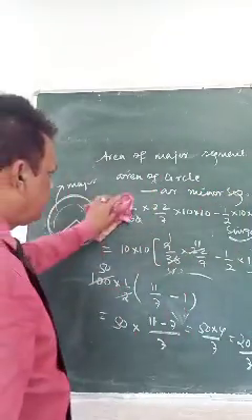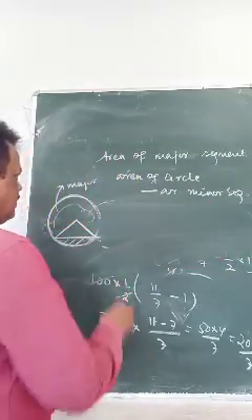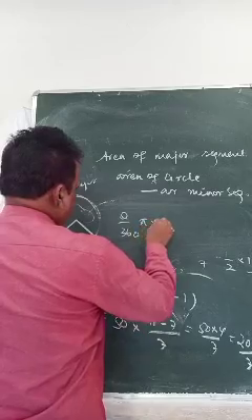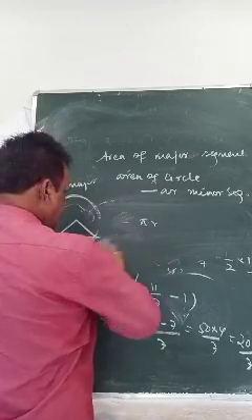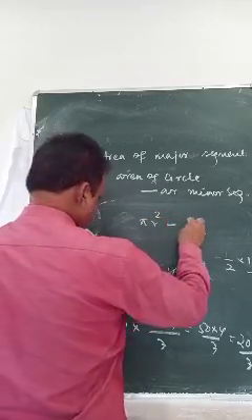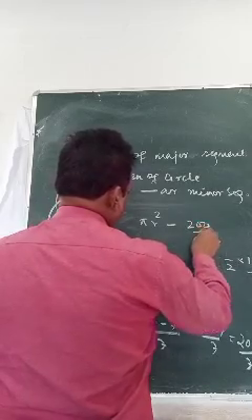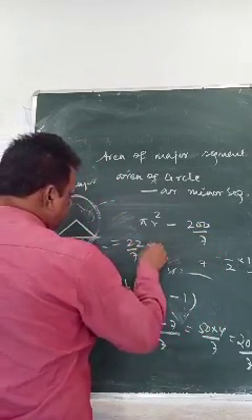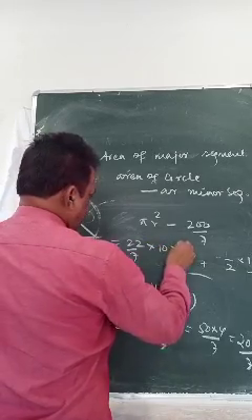Area of circle formula, theta by 360 pi r square only. Pi r square minus 200 by 7. 22 by 7 on 10 into 10.